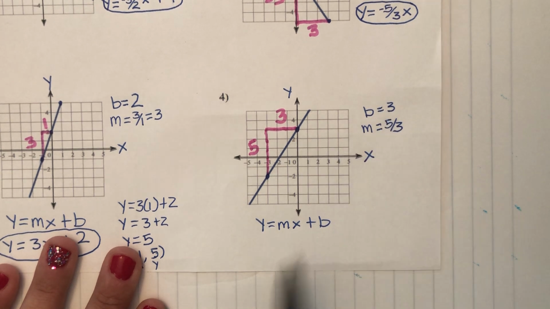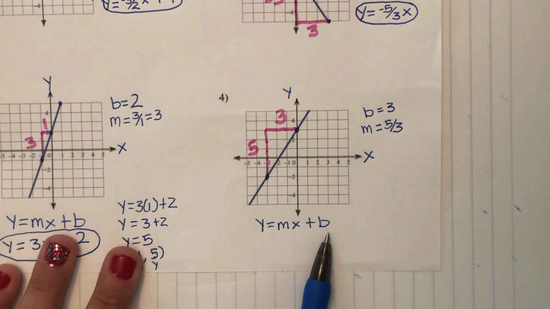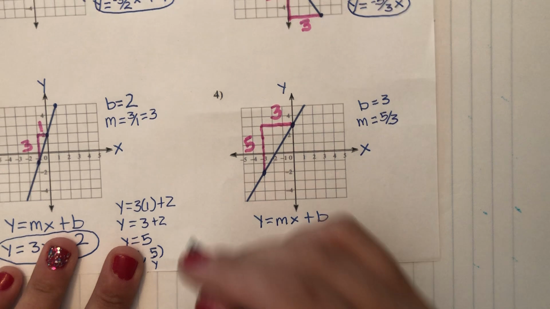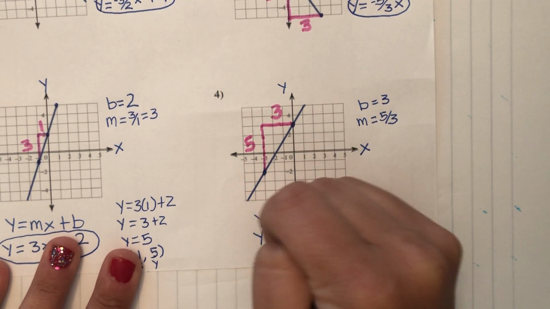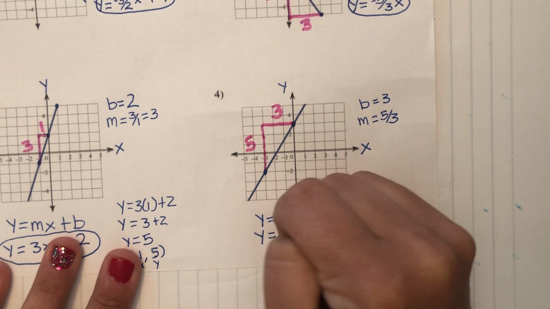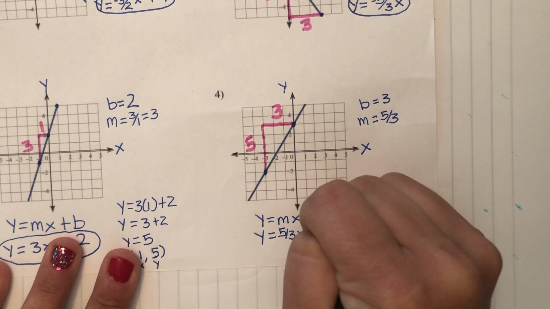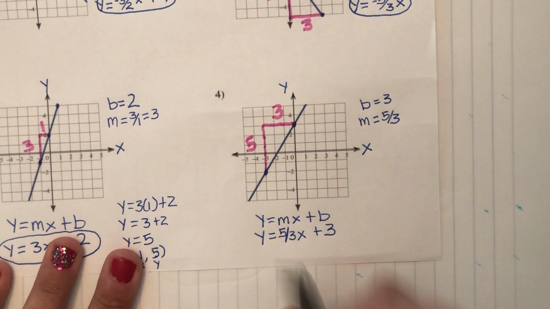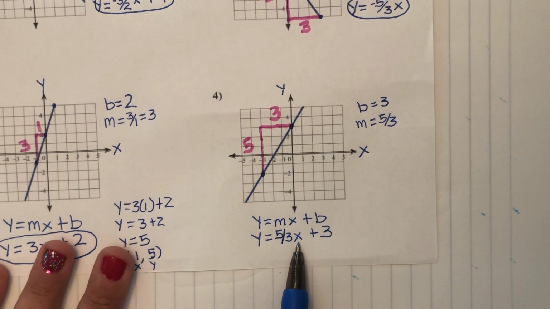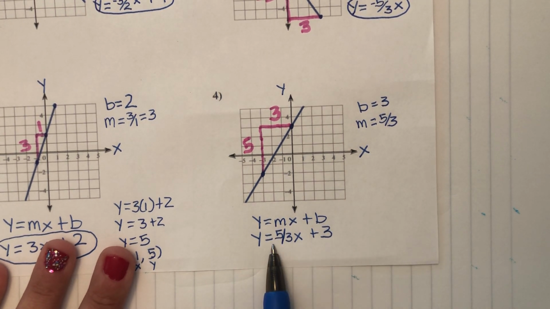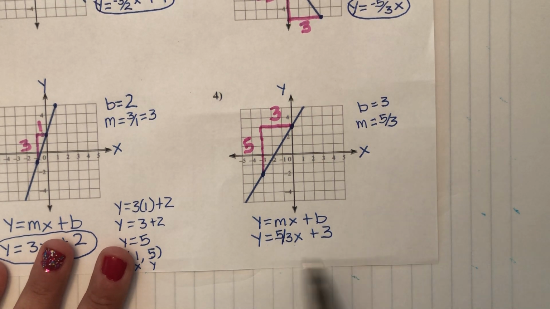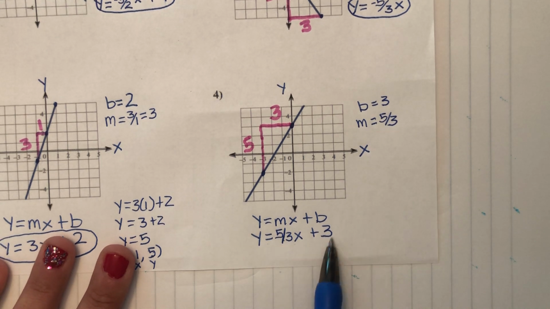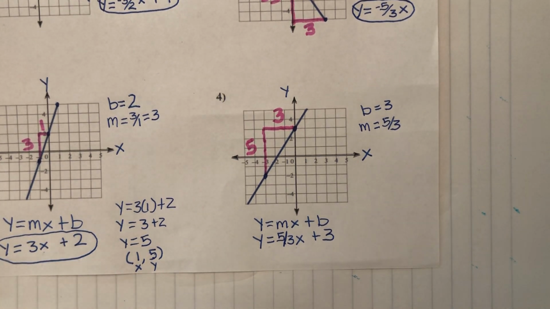Now I'm going to plug those values into slope-intercept form to write the equation for this line. y equals 5 over 3x plus 3. Really important not to forget the x. When you're substituting the value for slope back into the equation, you do not want to forget x, or else it'll look like 5 over 3 plus 3, which is not the case.